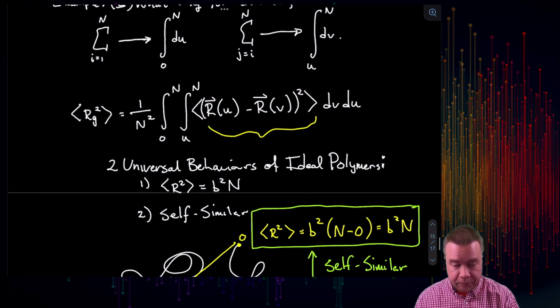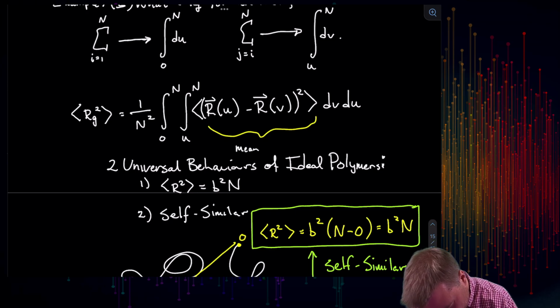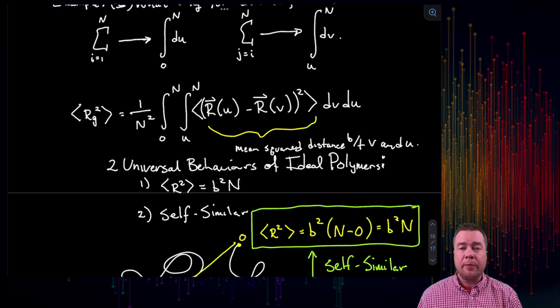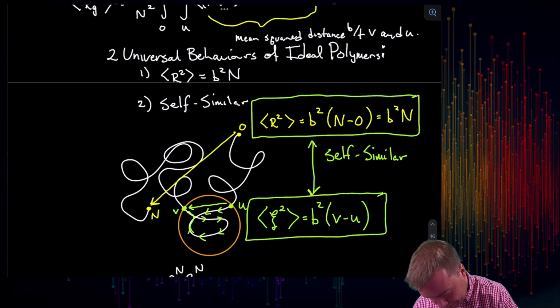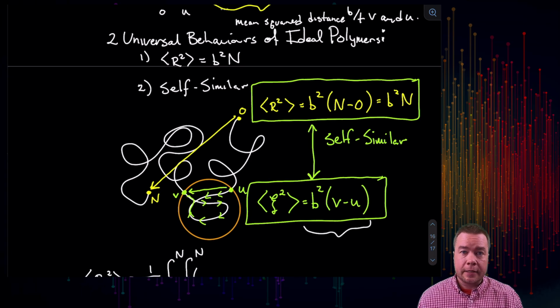This thing here, that I've got the brackets around, is just the mean squared distance between monomer V and monomer U. And because they're self-similar, that means that the distance between them is exactly that.